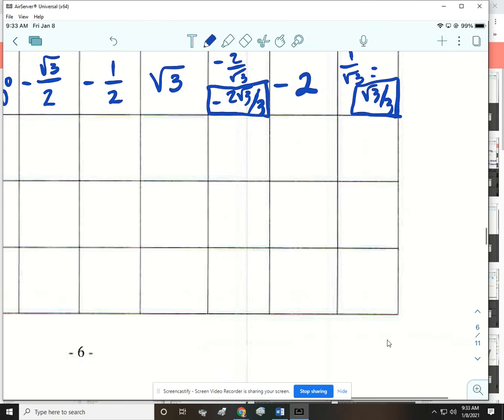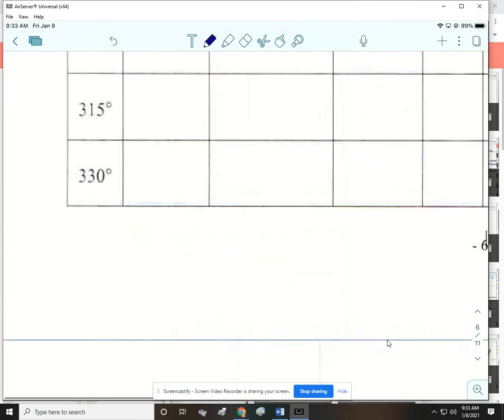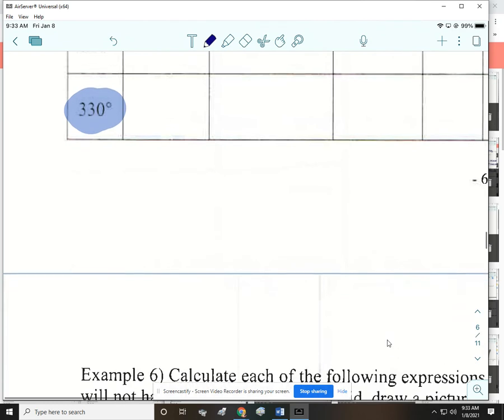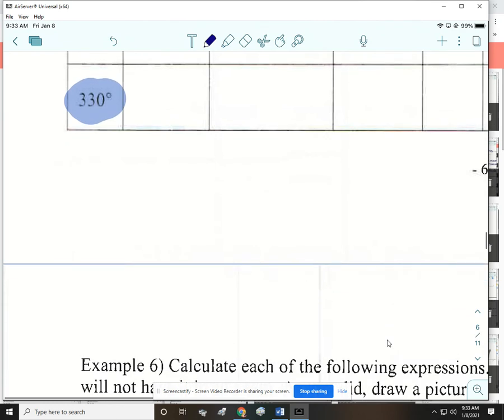Okay, we're going to do one more together. We're just going to do the very last one, 330 degrees. So you guys go ahead and turn 330 degrees into radians on your own, please.